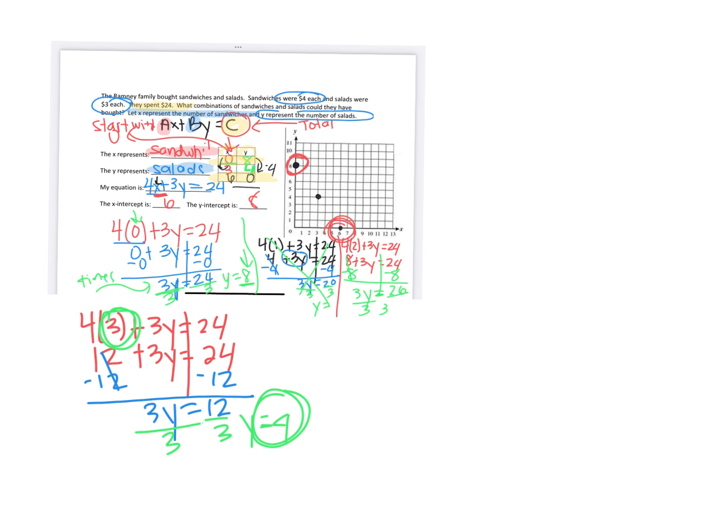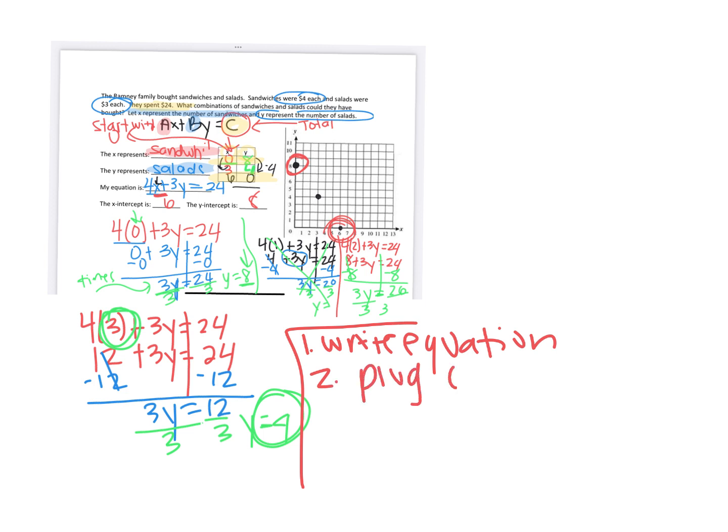All right, so now I want you to write down right here what were our steps. Number 1, write the equation. Number 2, plug 0 in for x and solve for y.